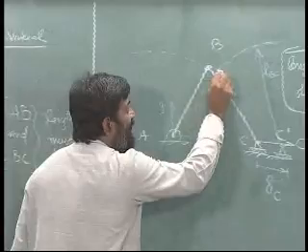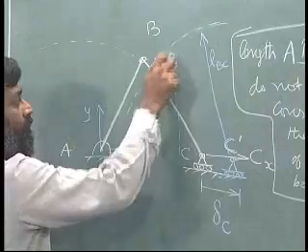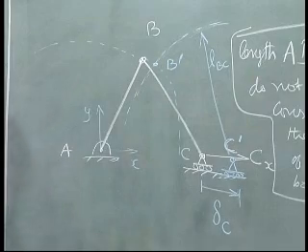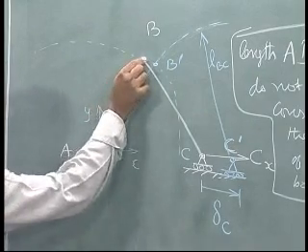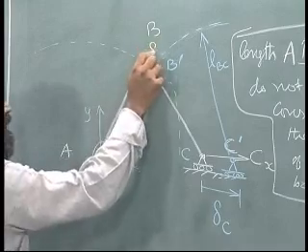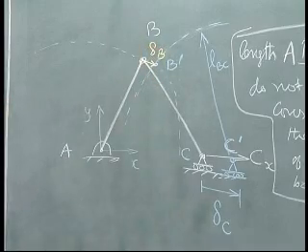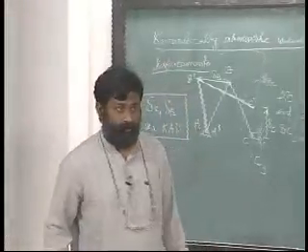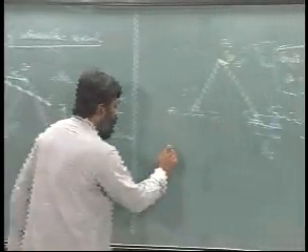Okay. Where it cuts is B prime, and therefore this is delta B, simple and clear.